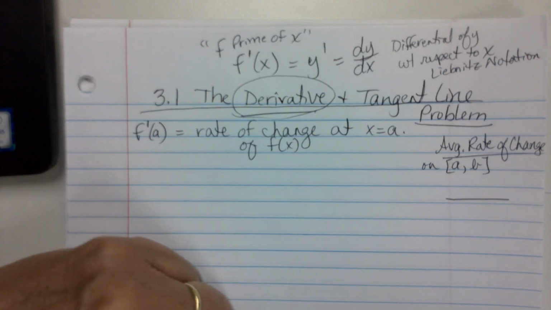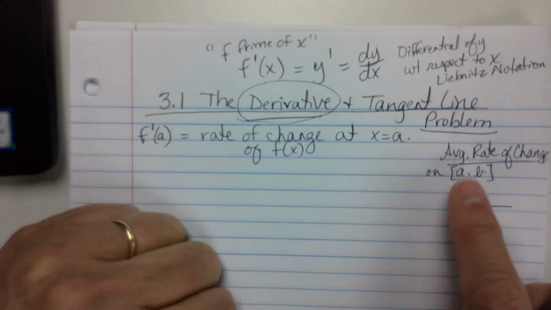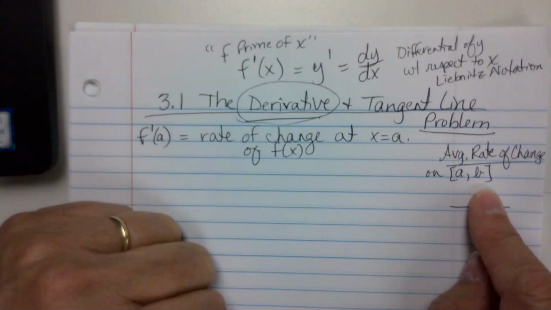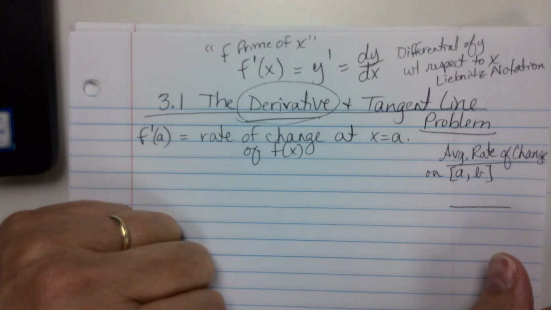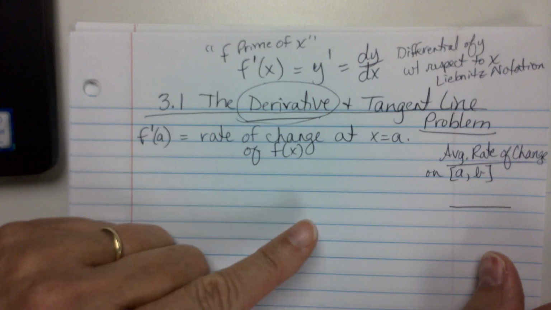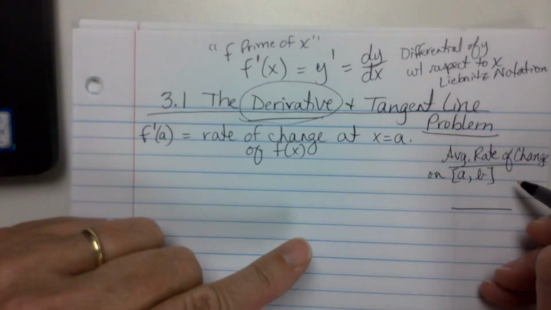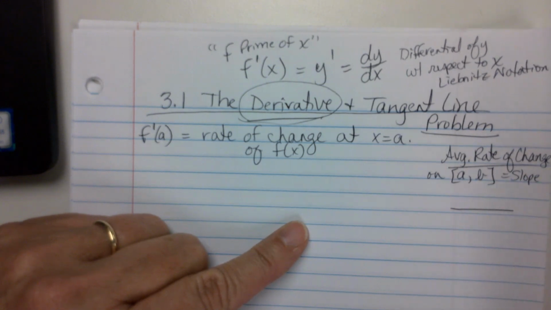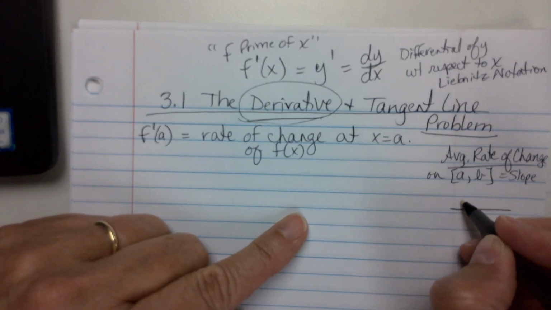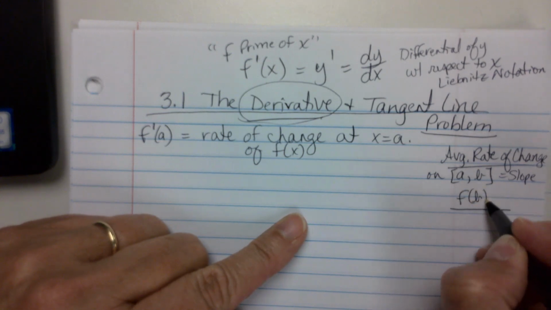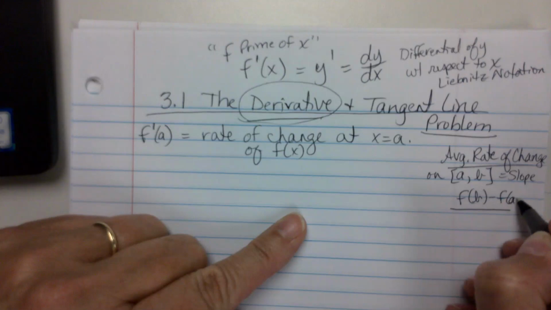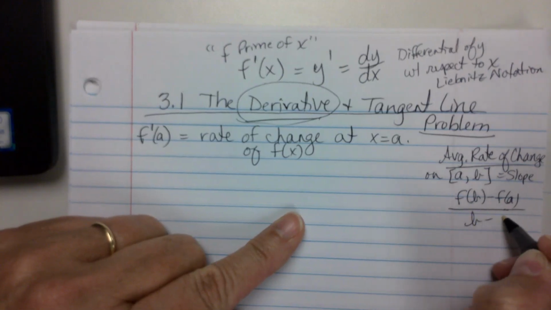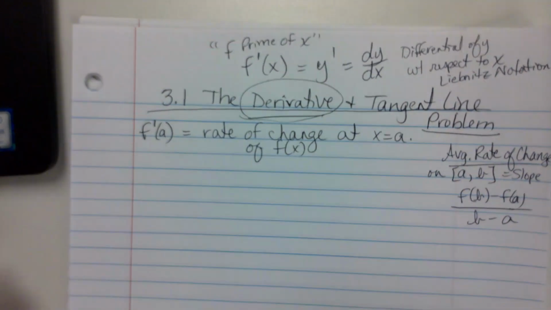It's actually the same as the slope of the line. It is y2 minus y1, or the calculus way, f of b minus f of a over b minus a. That's what the average rate of change is.